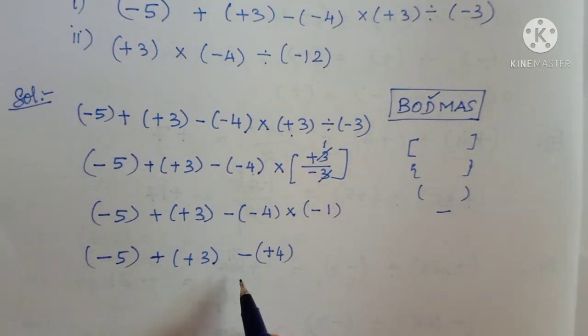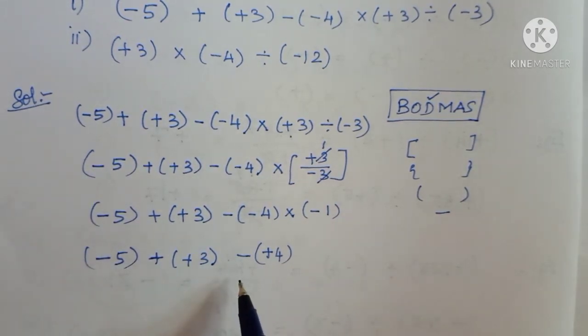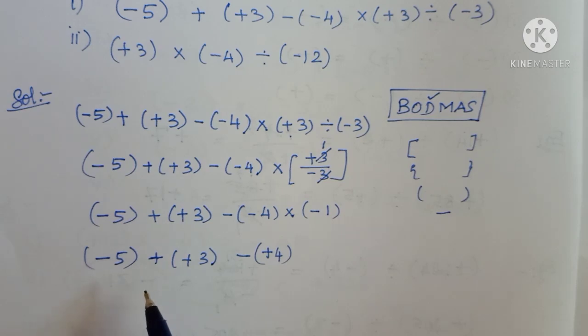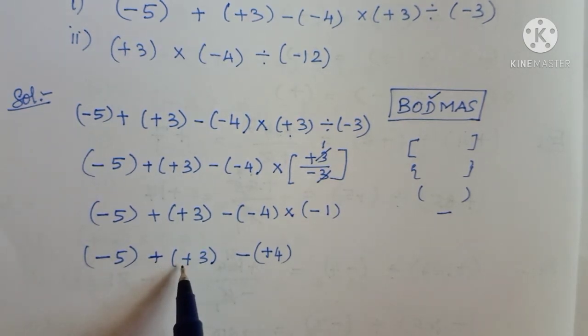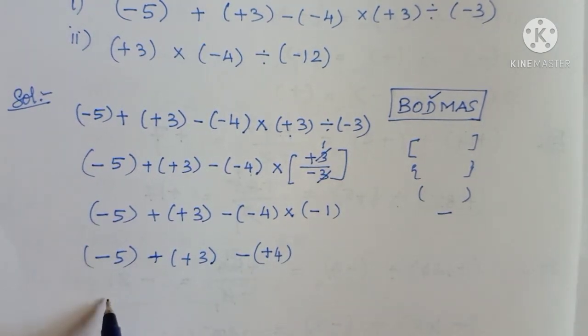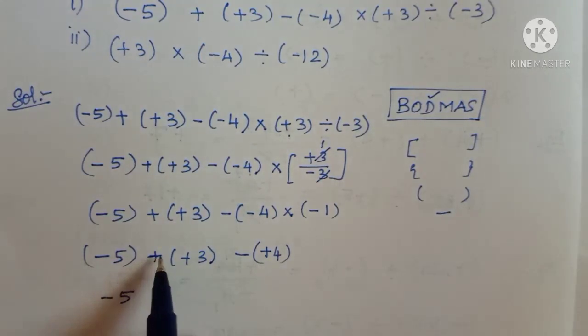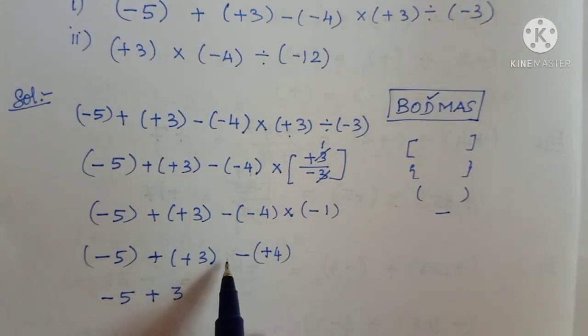So if you are having multiplication and division symbol, first we have to simplify that part, and then we are having only plus and minus means we can use removing bracket concept. So we are going to multiply signs alone inside of the bracket, then automatically we can remove bracket here. So this number I will write here, minus 5 plus of plus is plus 3 minus of plus, so minus into plus is minus 4.